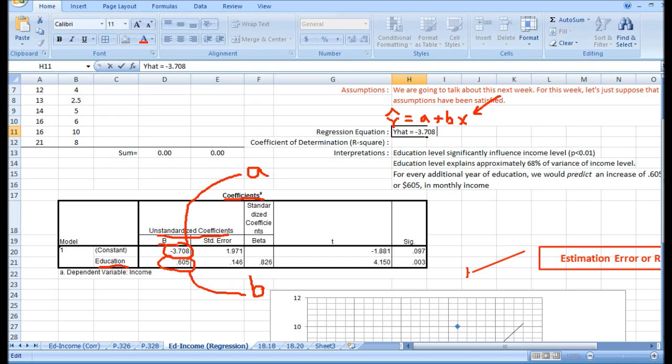A plus, because the regression coefficient B is a positive value, right? There, so plus 0.605 times x, or just x. This is the regression equation.